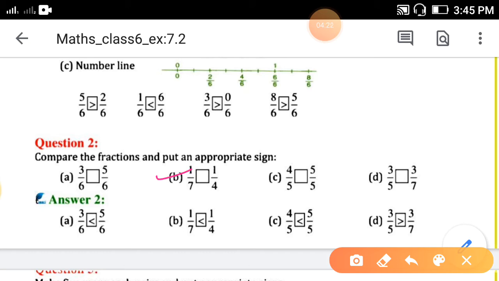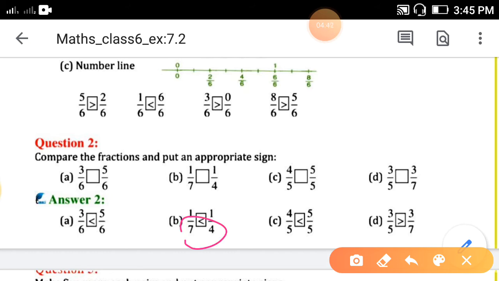And look at B and D. Here it's inverse. Numerator is same and denominator is different. So here you have to use the inverse formula. Here 7 and 4.